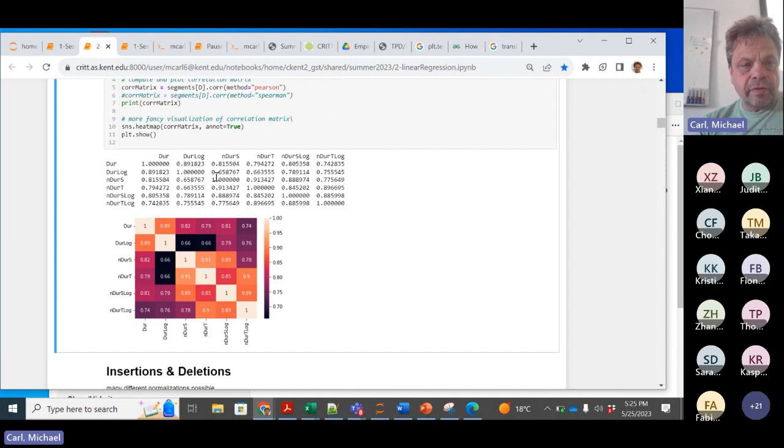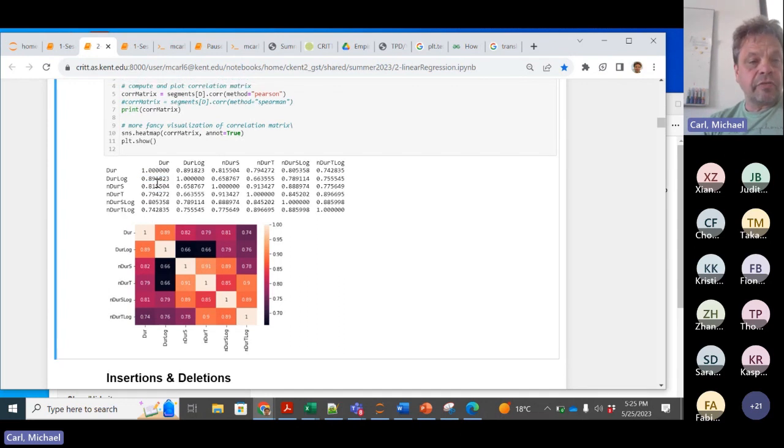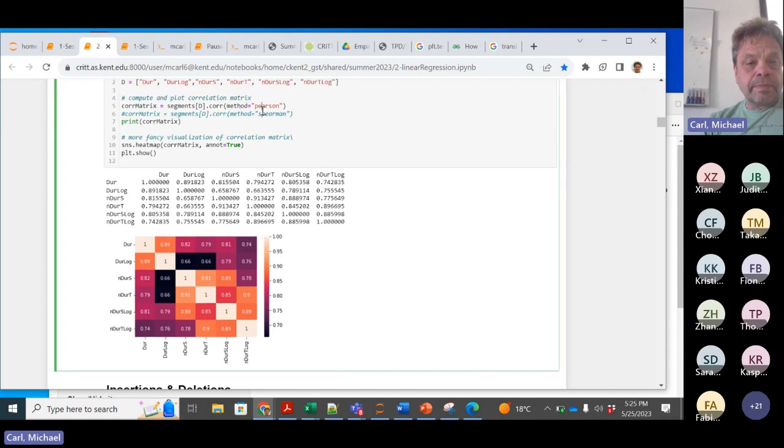Okay, so we have, of course, the correlation of the duration with itself. These middle values are always identical. And here we see the correlation between the duration and the different kinds of normalizations or log transformations. This is the Pearson correlation, I don't know how to pronounce it.